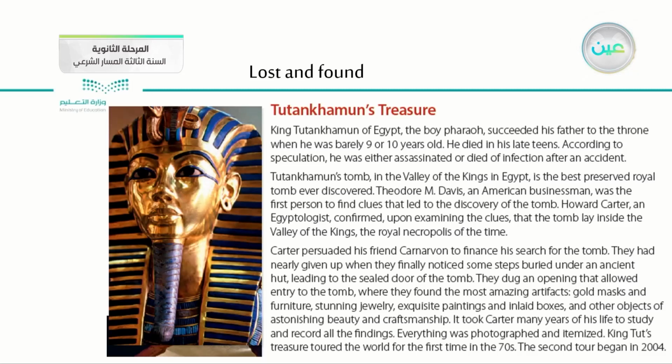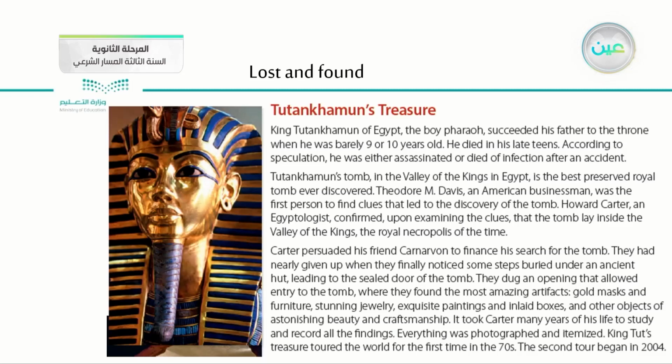In this part, Carter persuaded his friend Carnarvon to finance his search for the tomb. They had nearly given up when they finally noticed some steps buried under an ancient hut. They dug an opening that allowed entry to the tomb, where they found the most amazing artifacts.